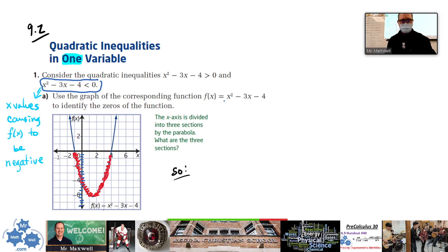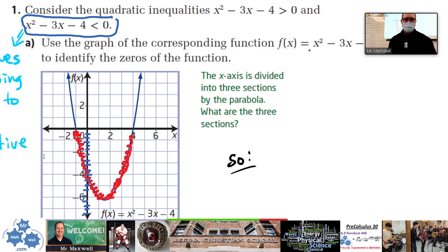So I'm going to zoom in here now, and the x values that we're looking for this inequality right here would be the x values that are between -1 and this intercept of 4.